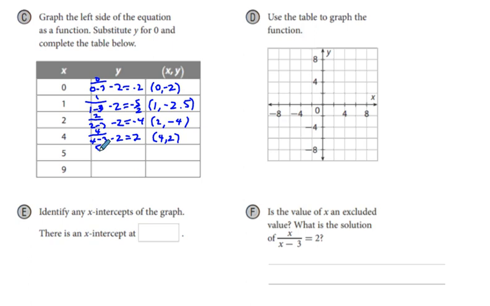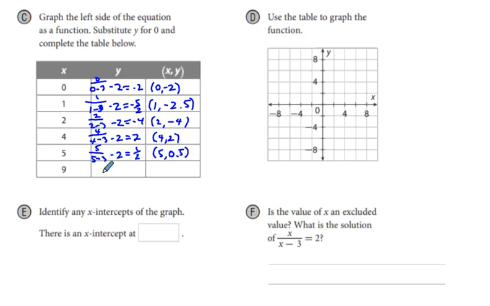And then for 5 over 5 minus 3, minus 2, we're going to get 5/2 minus 2, which is going to be 1/2. So we get 5, comma 0.5.